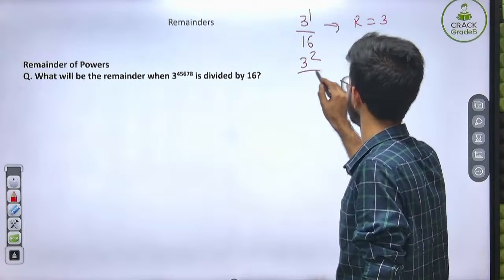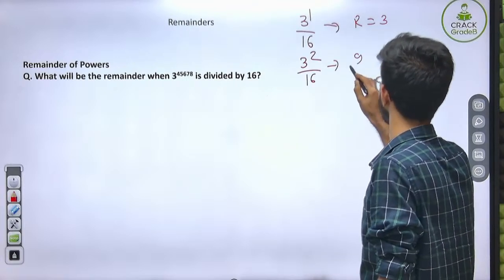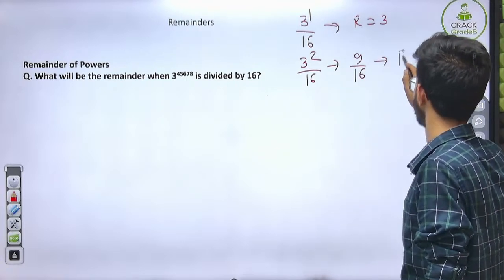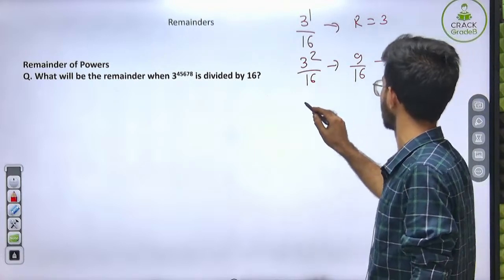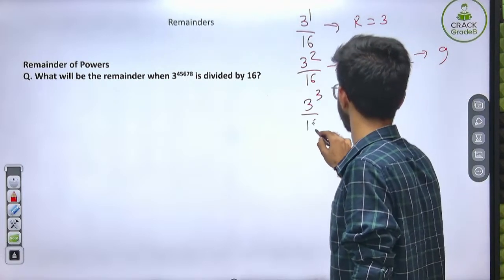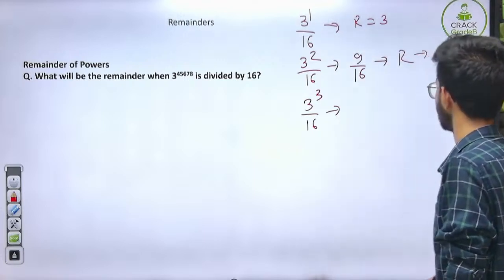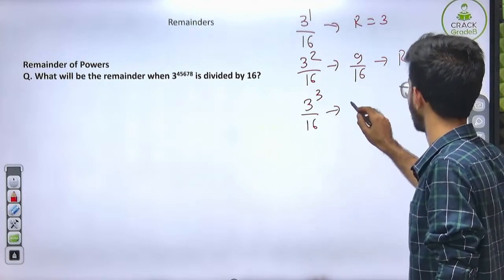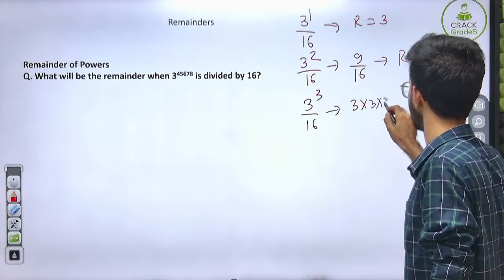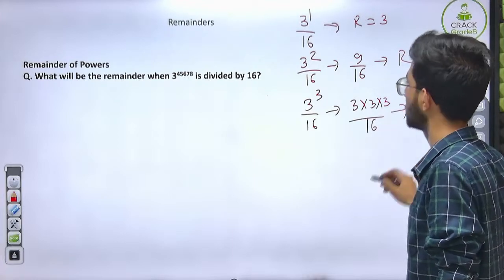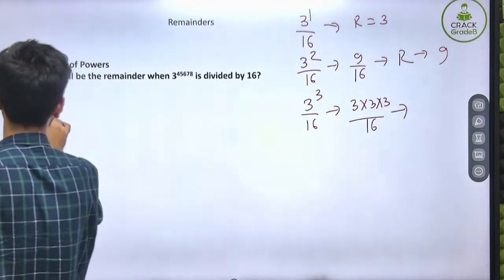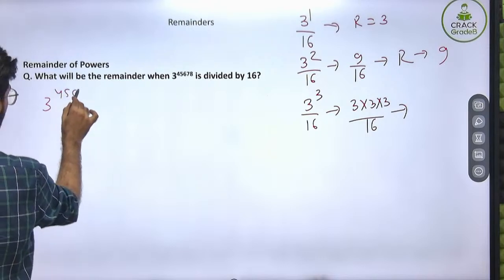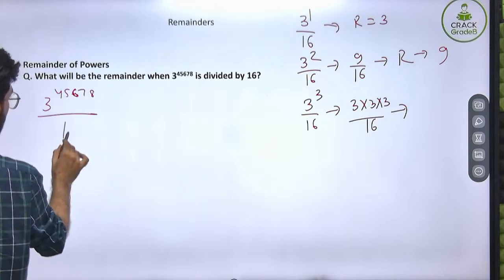If you divide 3 to the power 2 by 16, so basically you are dividing 9 by 16, the remainder is 9. If you divide further, 3 to the power 3 by 16, so basically you are doing 3 into 3 into 3 by 16. So see, you have to answer 3 to the power 45678 by 16.